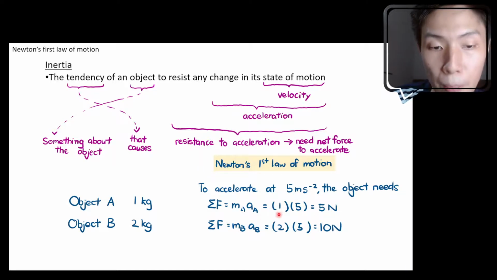So doubling the mass doubled the net force needed to accelerate.